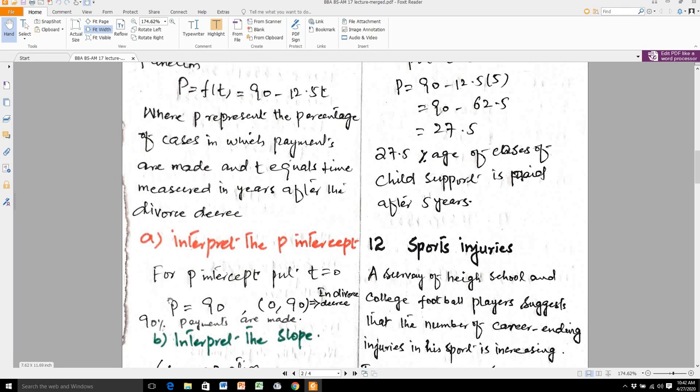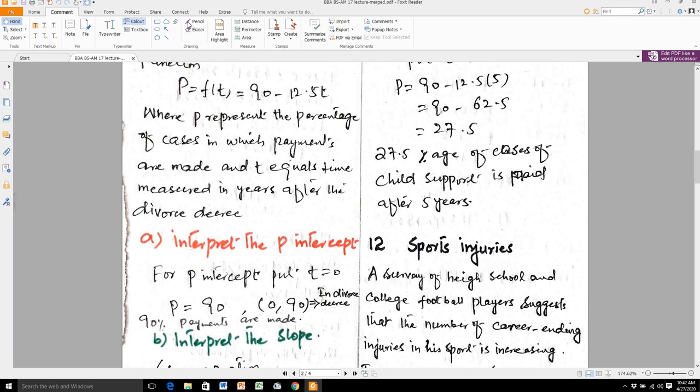P represents the percentage of cases in which payments are made. So here P is equal to 90, and our intercept point is 0, 90.